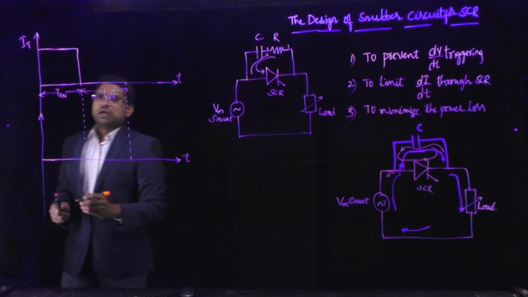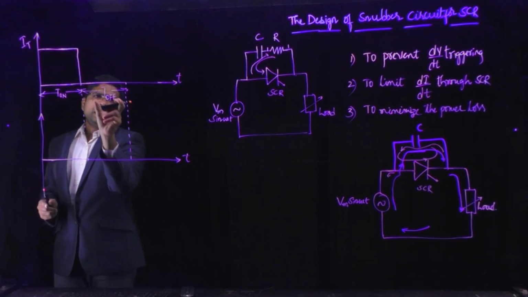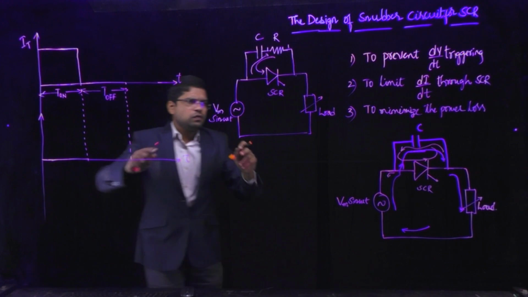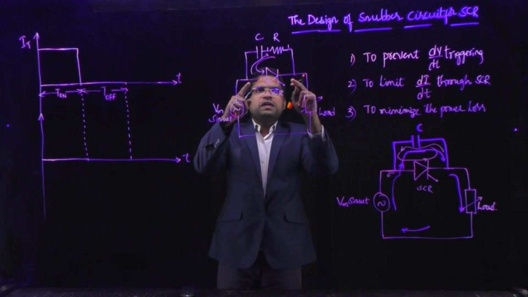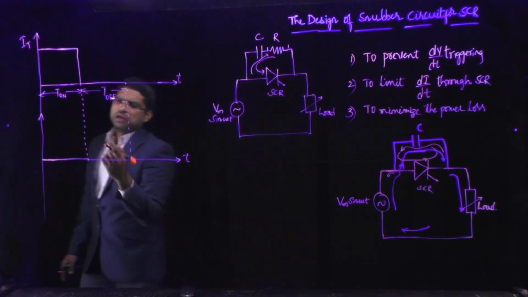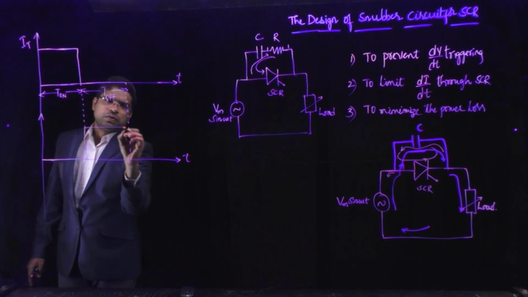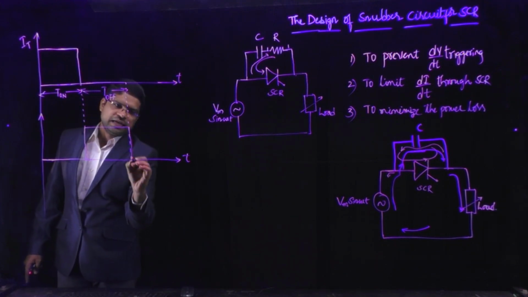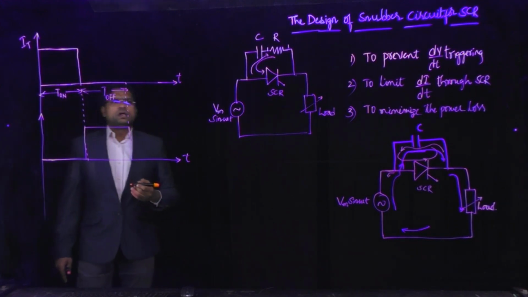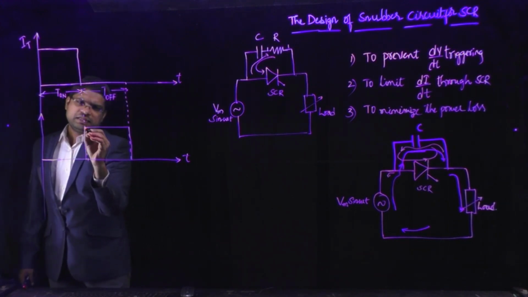Now let us observe that when the SCR is in off state, a certain voltage appears across the SCR. Ideally we can take that voltage like this. Let us assume the voltage across the SCR appears to be like this.